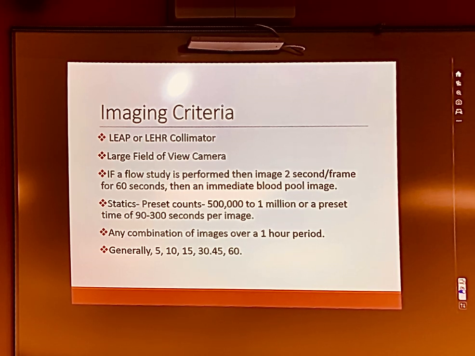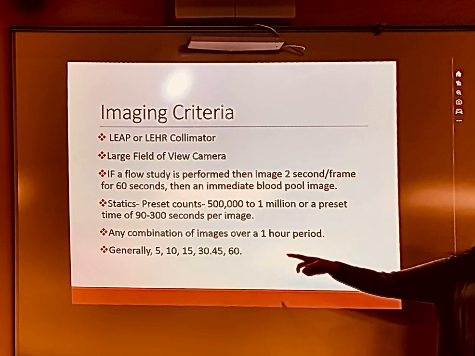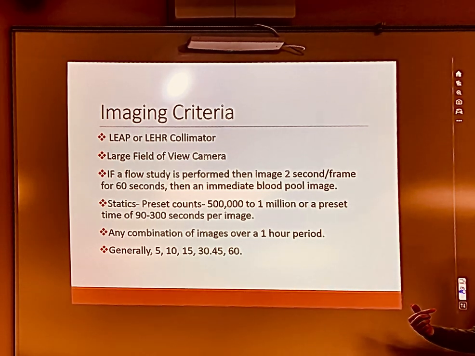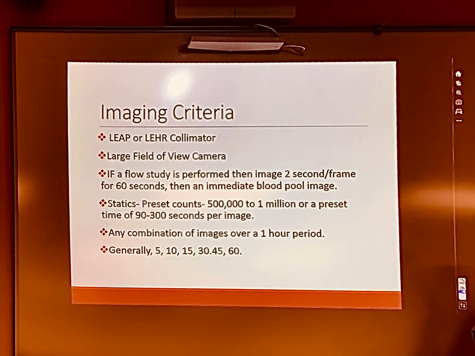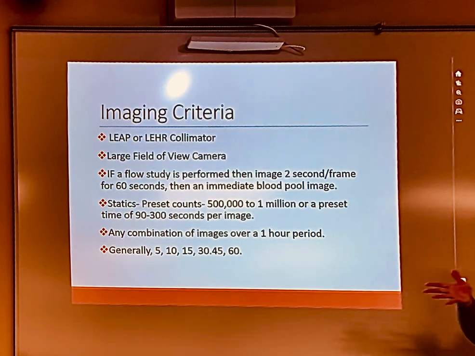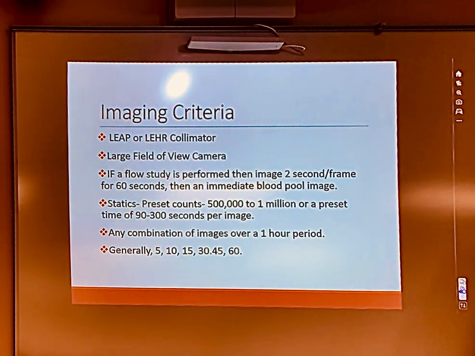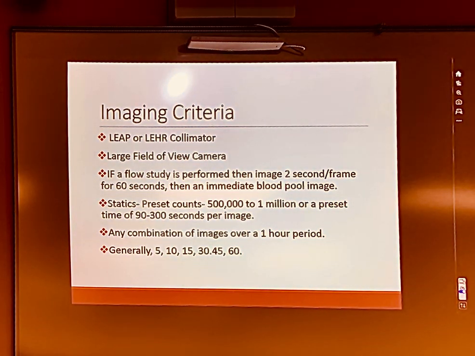It may be 55 and 35, right? But you want to make sure that you know that, because if you need to do a delayed picture, you want your timing correct so everything is labeled properly. But in general, static is immediate, 5, 10, 15, 30, 45, 60. That's your typical.